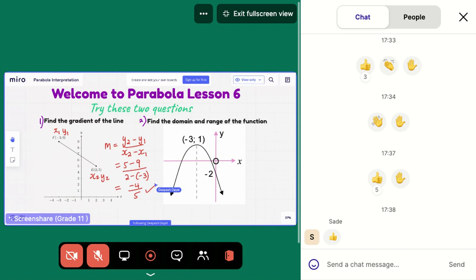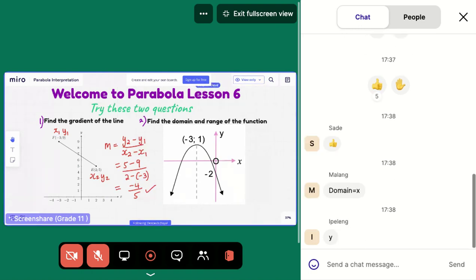Then we have the next question, which wants the domain and range. So just in the chat, if you can just type, what is domain? Does it refer to X or does it refer to Y?